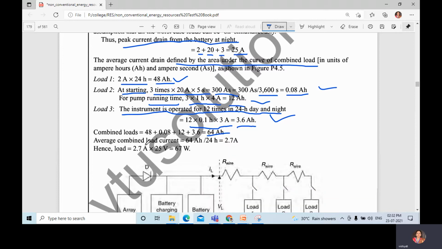What is the combined load current? Combined load current is 64 amp hours divided by 24 hours. If we do, we get the current as 2.7 amps. So the load is equal to 2.7 amps into 25 volts. You will get the power as 67 watt.